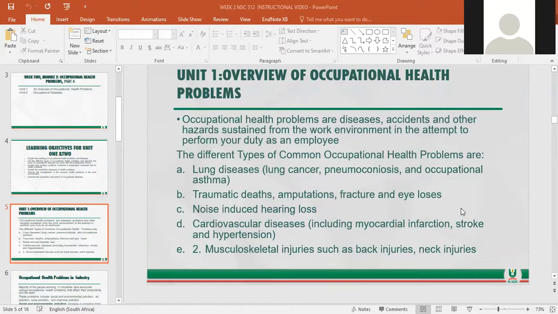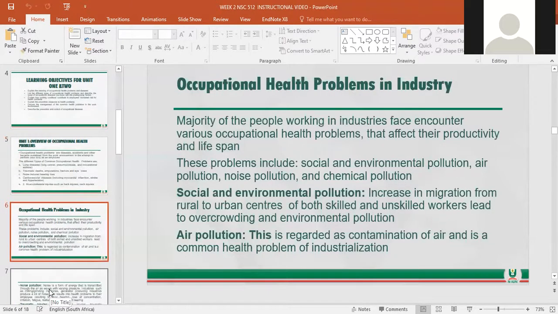But it is advisable that proper preventive measures are taken.